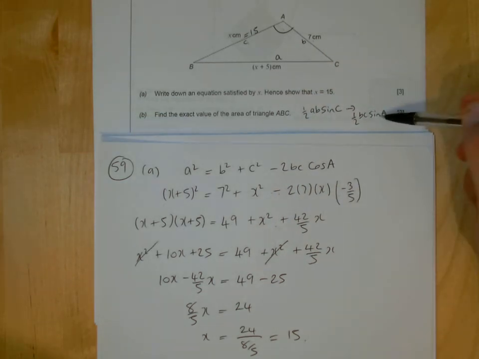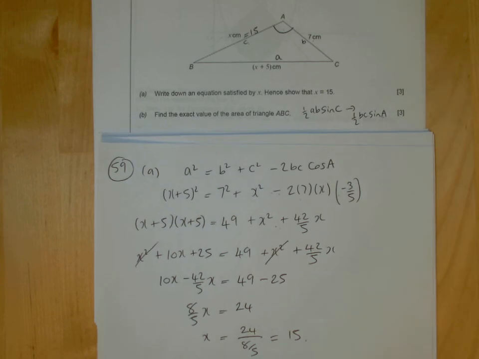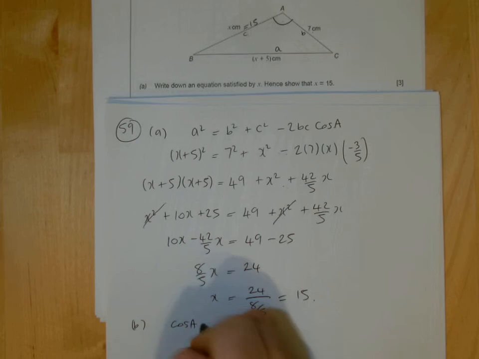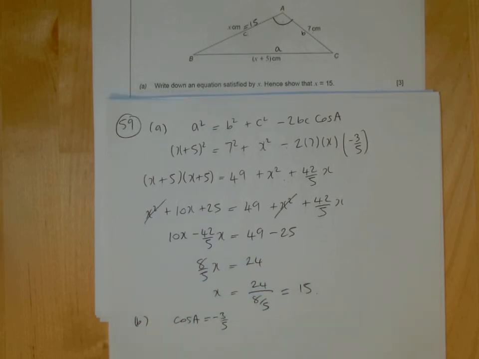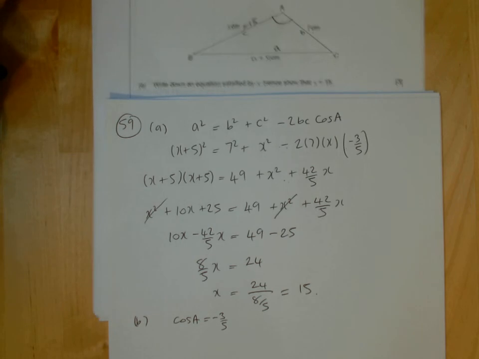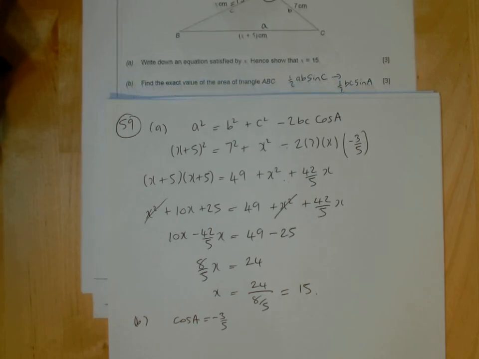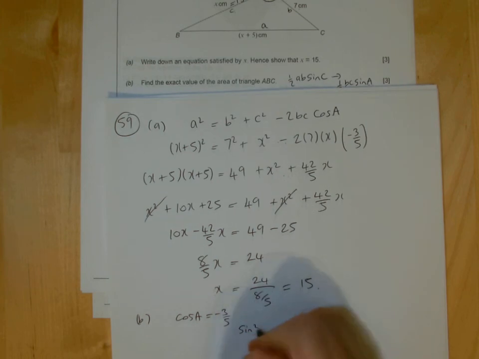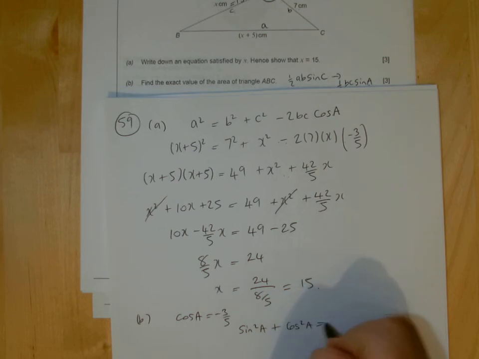The trouble is I don't know what sine A is. I know that cos A is equal to minus 3 over 5. How on earth am I meant to work out sine A? Well, if we remember the rule, sine squared plus cos squared is 1. So in this case we could say sine squared A plus cos squared A equals 1.